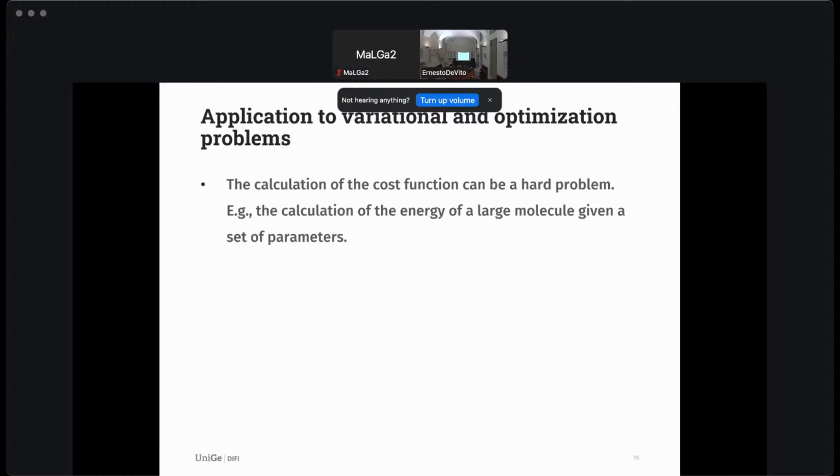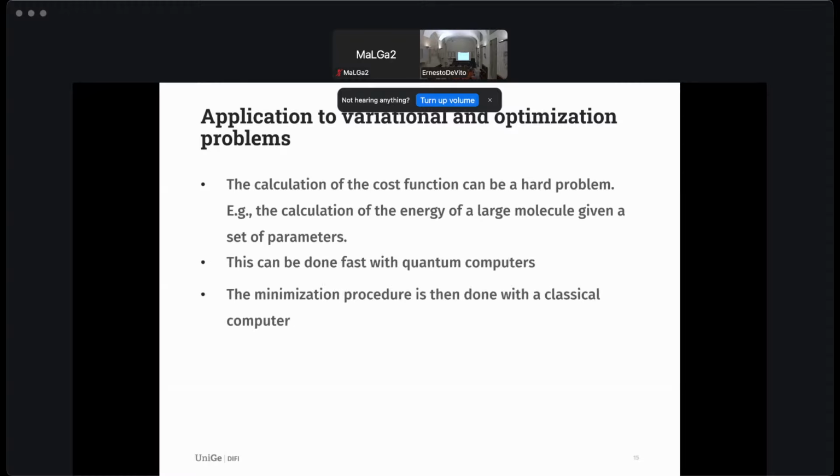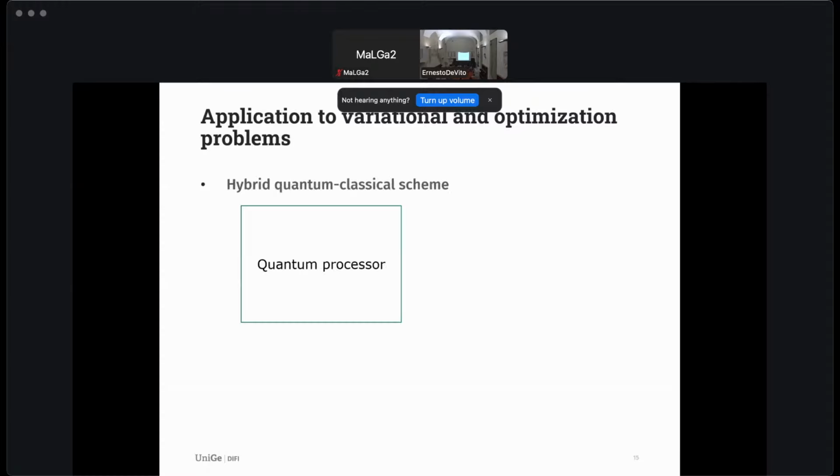So the idea here is, of course, that the first calculation, the calculation of energy, is a very hard problem that a classical computer cannot perform. The scheme is something like this. It's called a hybrid quantum-classical scheme, because you use the quantum computer just as a quantum processor. You give the information about the state that you want to calculate, and then you measure the outcome, the average energy, or you can also calculate the gradient of your energy at one point.